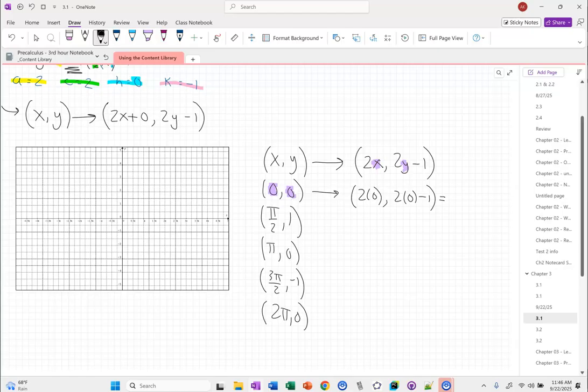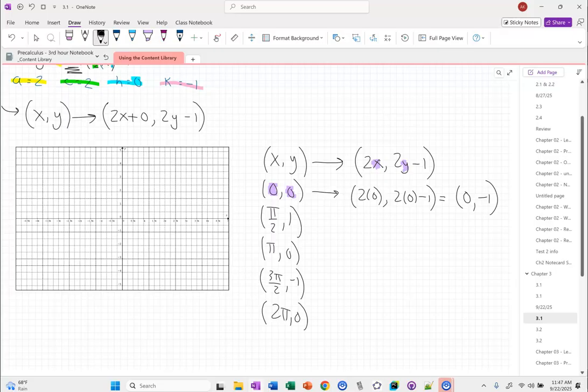Well, 2 times 0 is just 0. And then 2 times 0 minus 1 is just going to be -1. So that's my first transform point. What's happening is the point 0, 0 on the parent function has moved to the point 0, -1. Is everybody okay with that idea? We've been transformed.